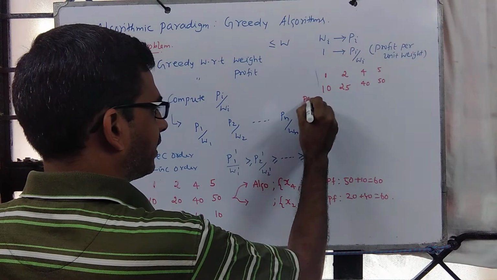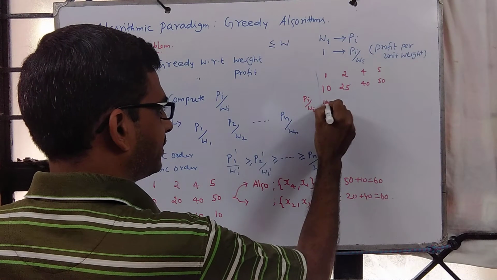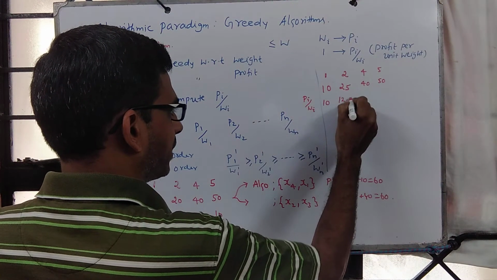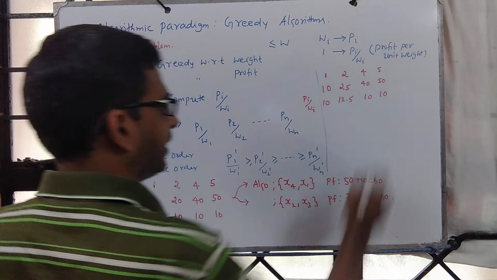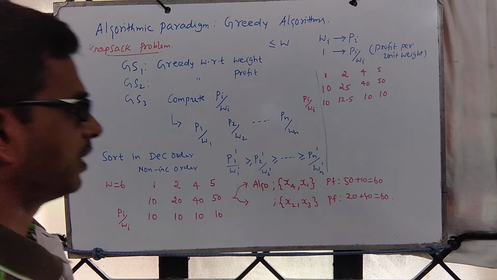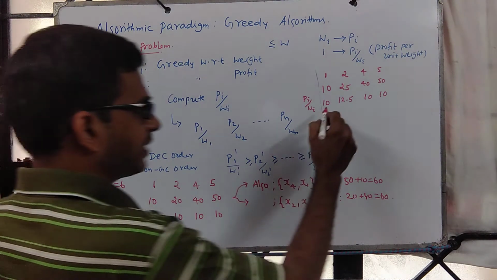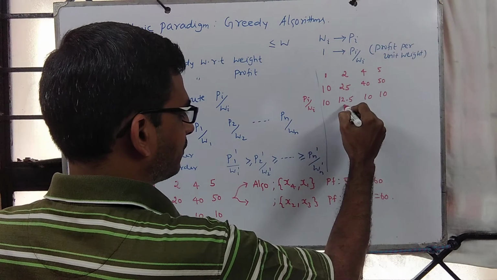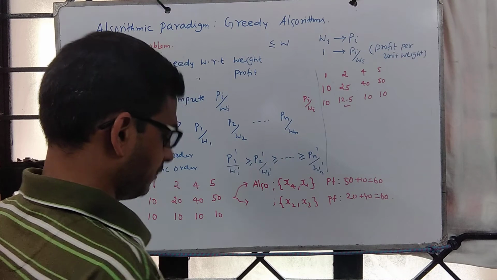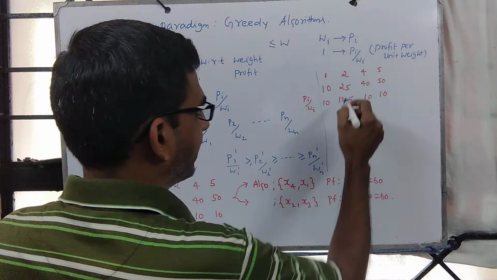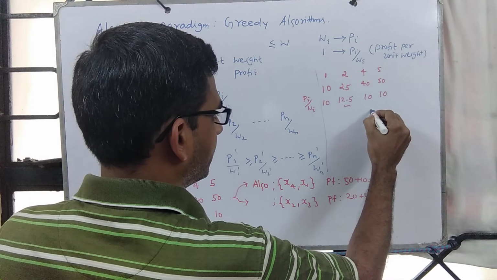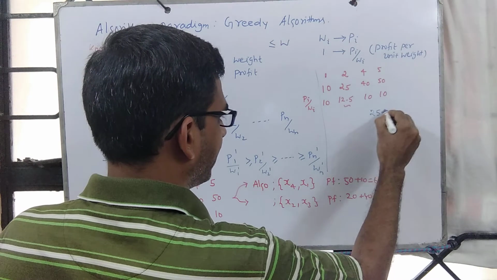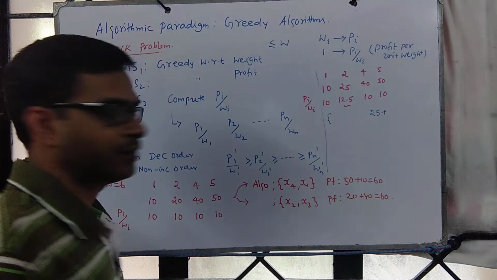Now if you look at Pi by Wi, this is 10, this is 12.5, followed by 10, and followed by 10. Now we look at the max of all this. The max of all this is this. So the profit earned is 25. So we include x2.